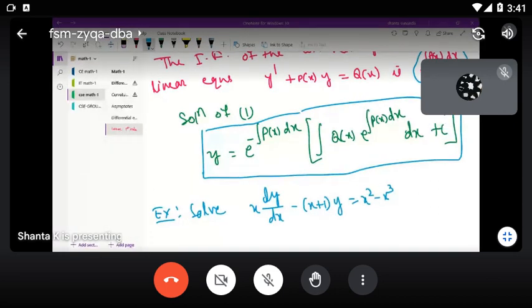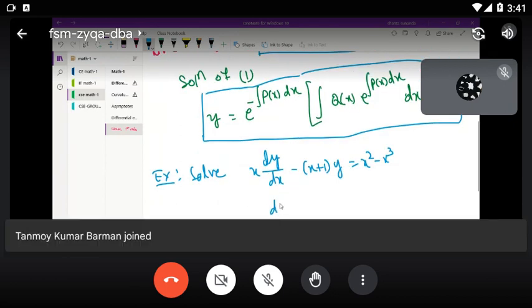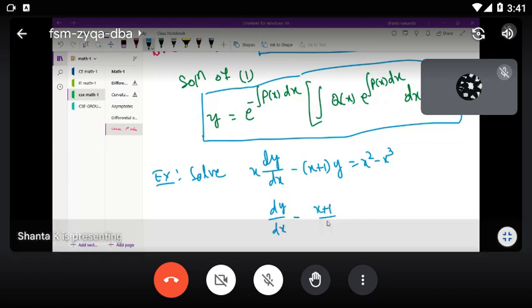You see whether this equation is of the form of the linear differential equation of first order. But here you see the coefficient of dy by dx, or y dash, is not 1. So we will make it that way. Then we have dy by dx minus (x plus 1) by x, y equals x squared minus x cubed.